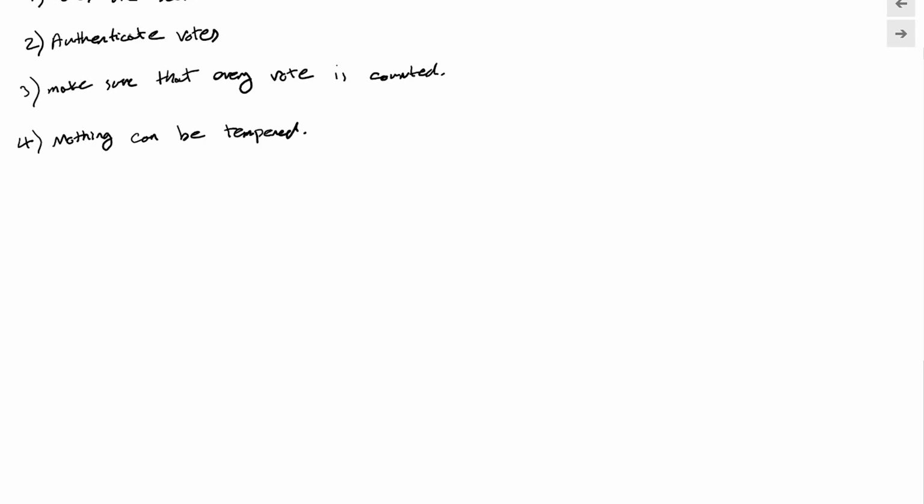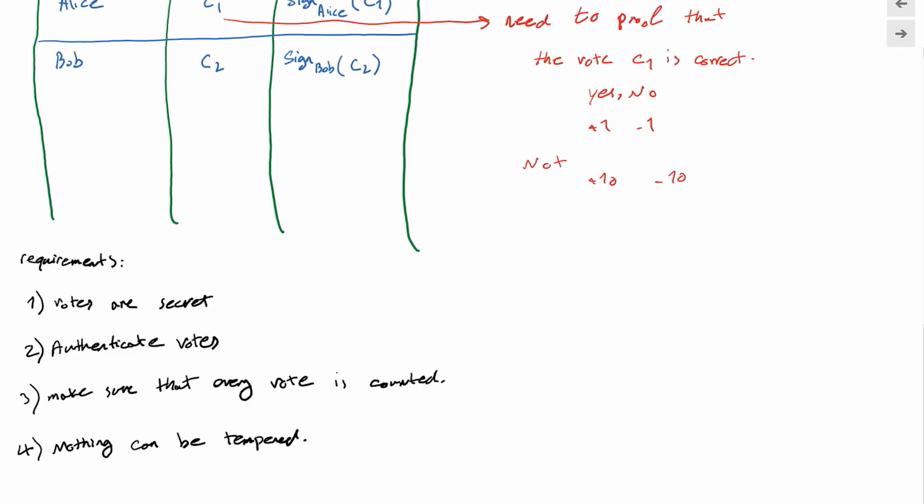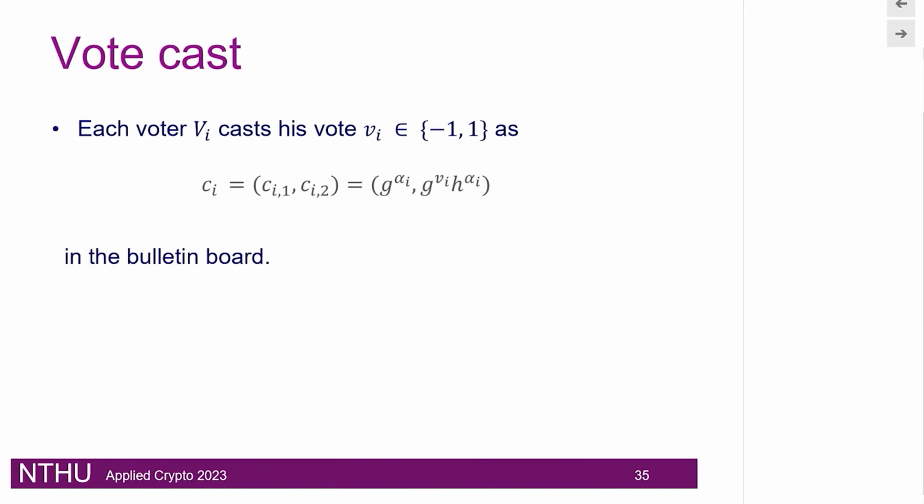That means that when somebody casts things over here on the public bulletin, they can't change it. Somebody cannot swap them with something else. So these are our basic requirements. And from now, we are going to see how we can design this new crypto system, or voting system, that satisfies all these requirements.